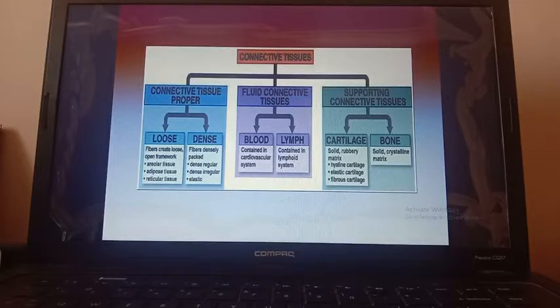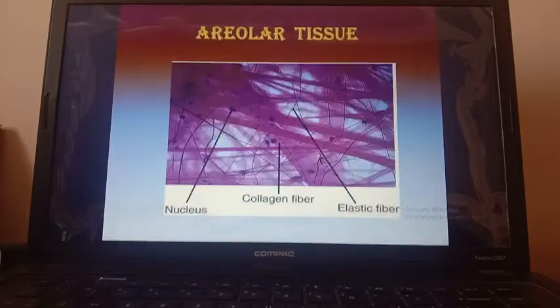So first we will talk about connective tissue proper. In an organ, it holds various tissues all together. According to your syllabus, we will discuss four types of connective tissue: areolar tissue, adipose tissue, tendons and ligaments.